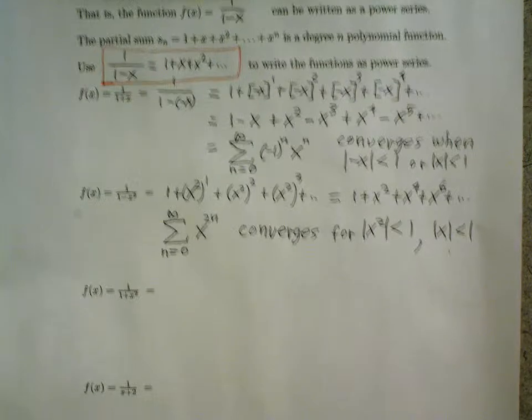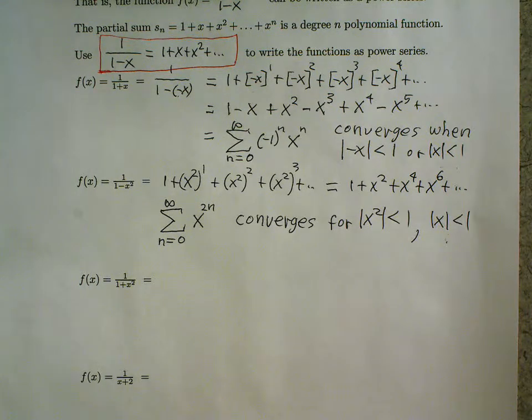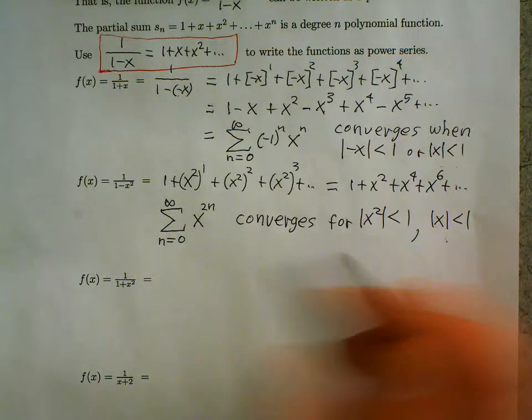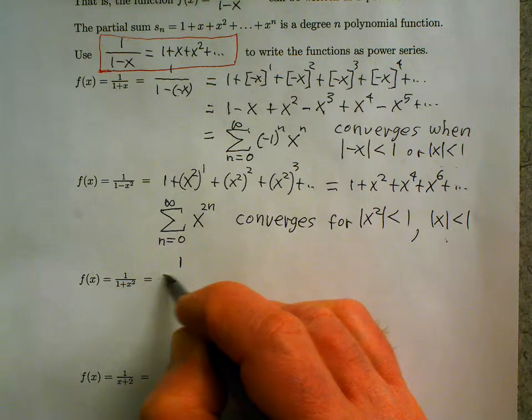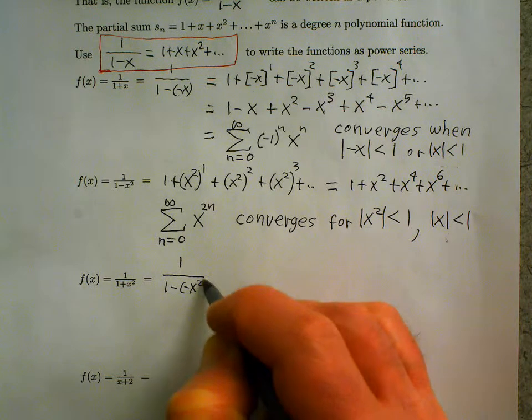All right, so the next one is the function 1 over 1 plus x squared. So we think of this as 1 over 1 minus the negative of x squared.